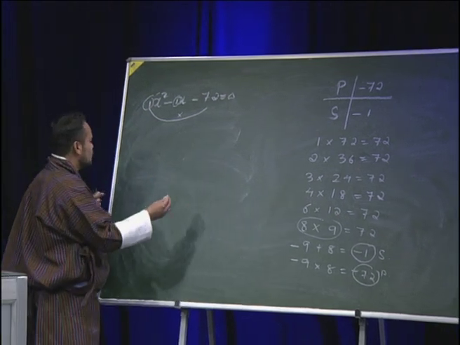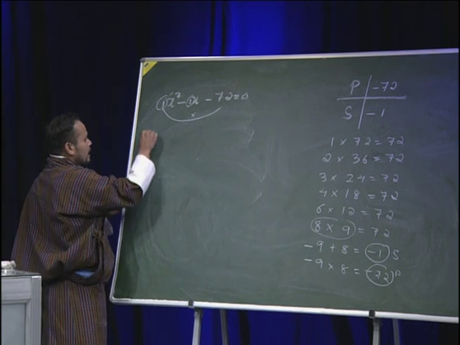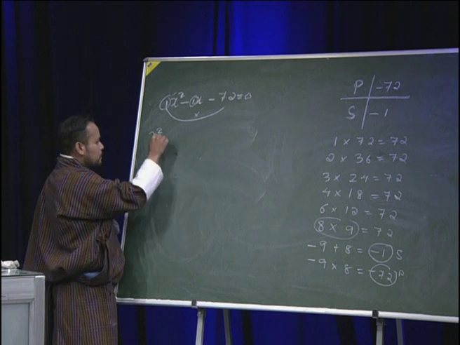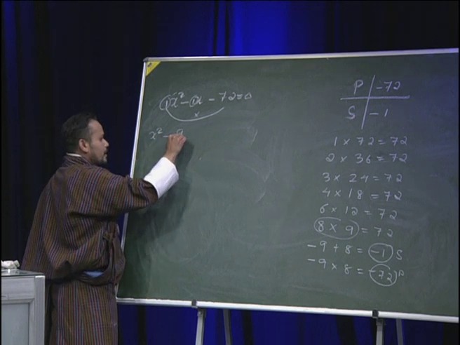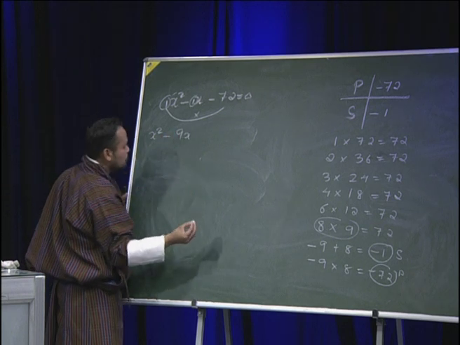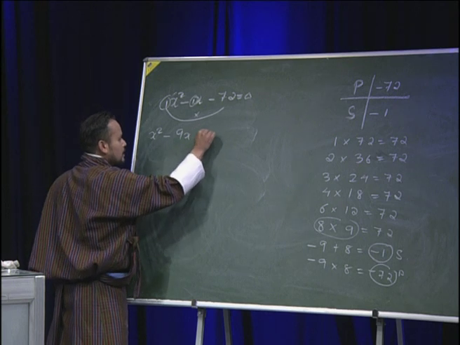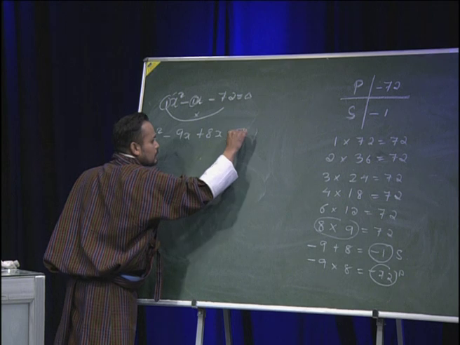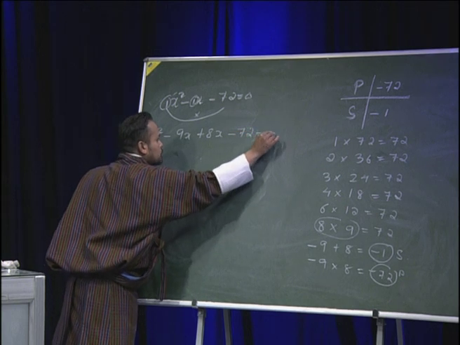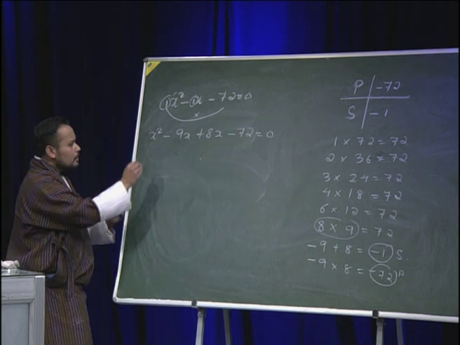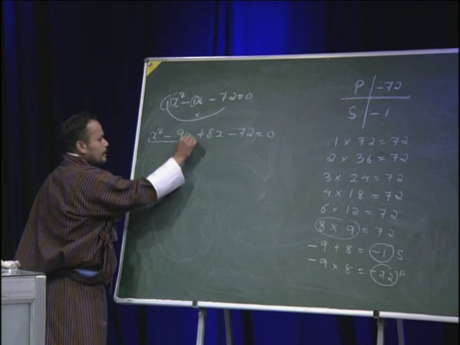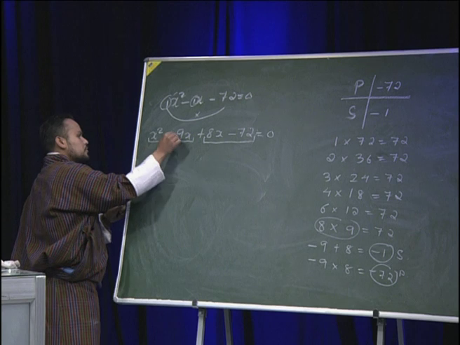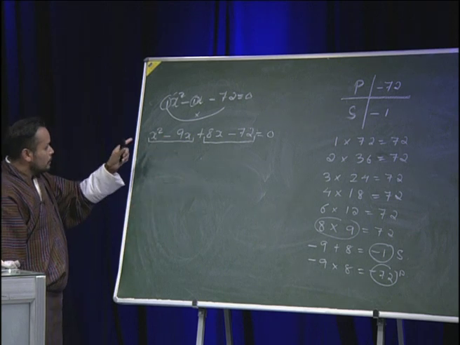I can use these two numbers to factorize and solve this quadratic equation. To factorize, I take the first term x square, then the first number, in this way, minus 9x. Then the second number, positive 8, so plus 8x. Then the constant term, negative 72 is equal to 0. Now you club the first two terms, then you club the second two terms. From the first two terms, you see that x is common.